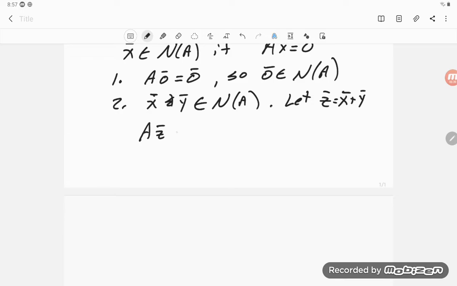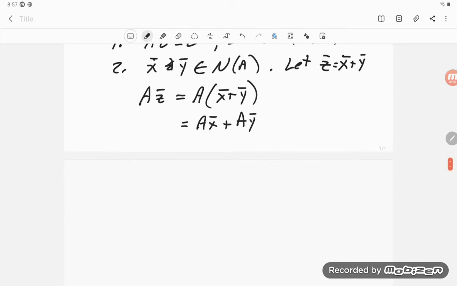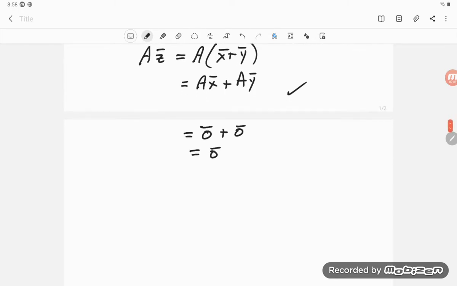A times Z is equal to A times (X plus Y). Then I can use the distributive property. I have AX plus AY. But now those are both in our subspace, so that's a 0 vector plus a 0 vector, and I get a 0 vector. Okay, great. So this works.